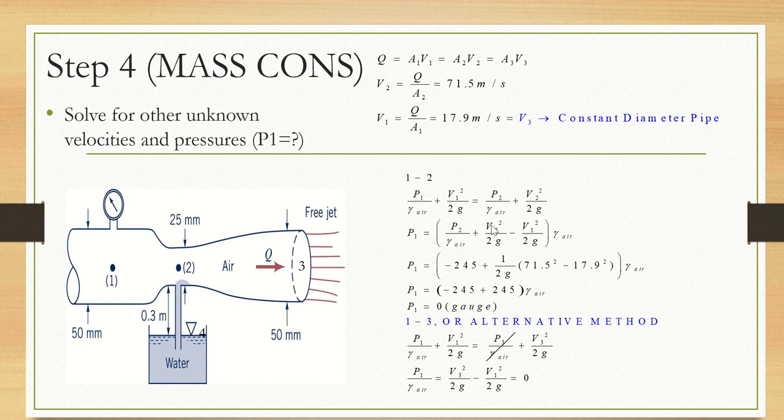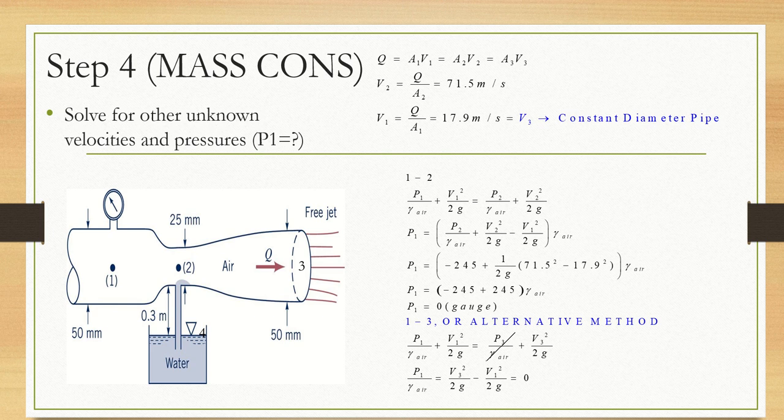The purpose of this exercise, of this study aid, is to help you understand a logical, methodical approach to solving multiple problems that may involve mass conservation and Bernoulli, because it doesn't matter about the geometry.